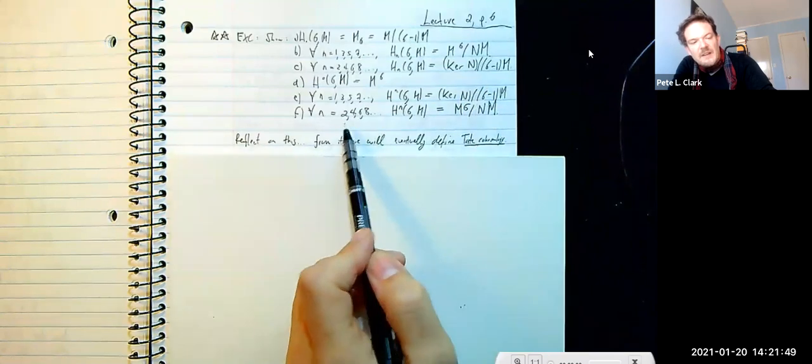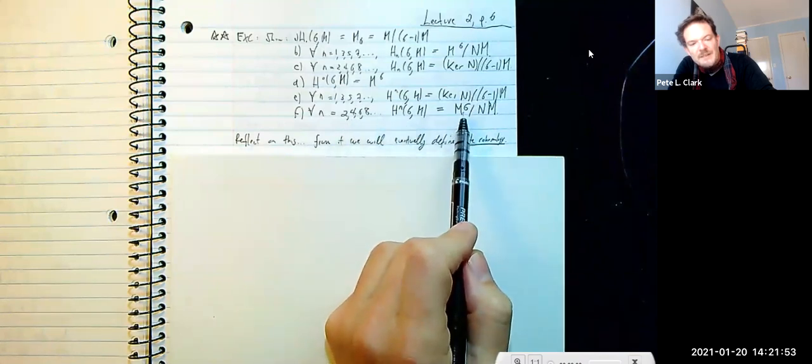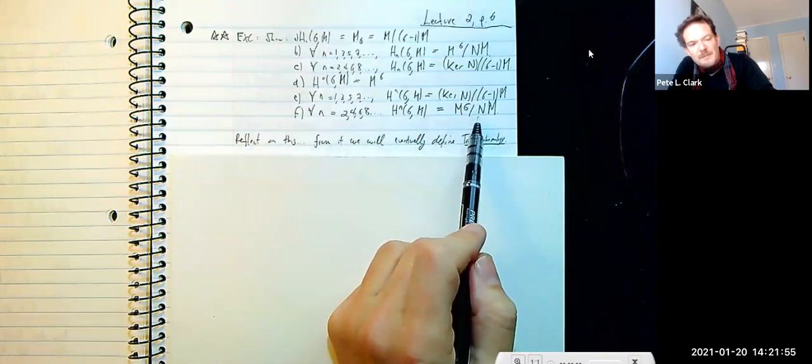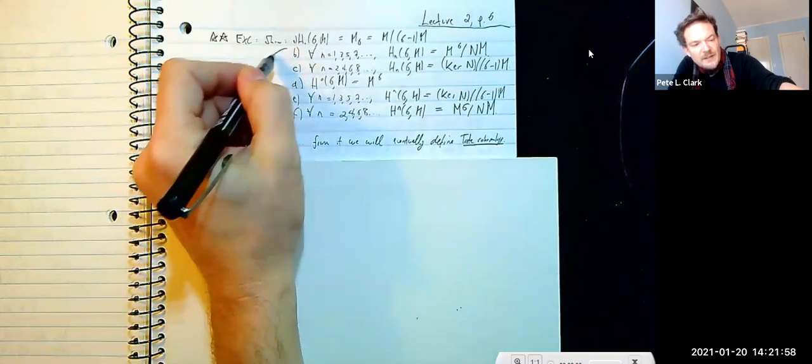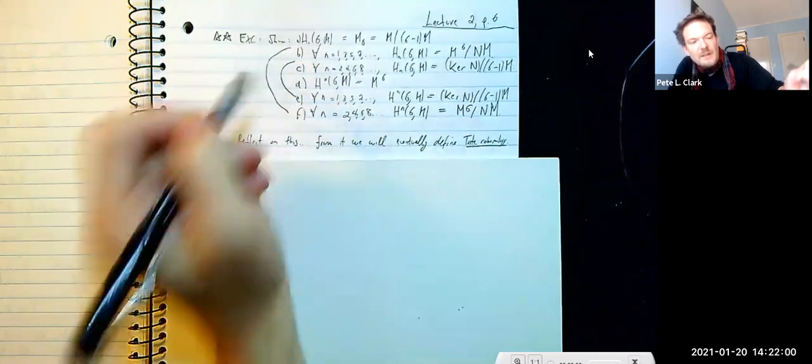And then the even indexed cohomology among positive integers is invariance modulo N of M. Okay, so you see that the cohomology and the homology groups are pairing up with each other, but with a kind of flip. Okay, so this is a good exercise.